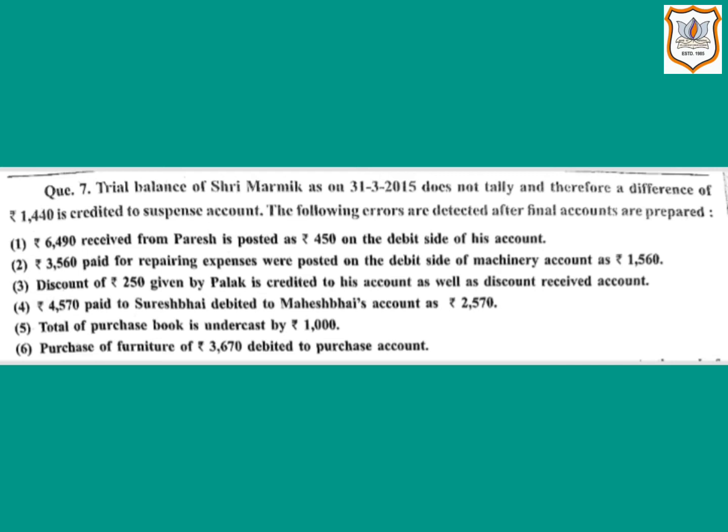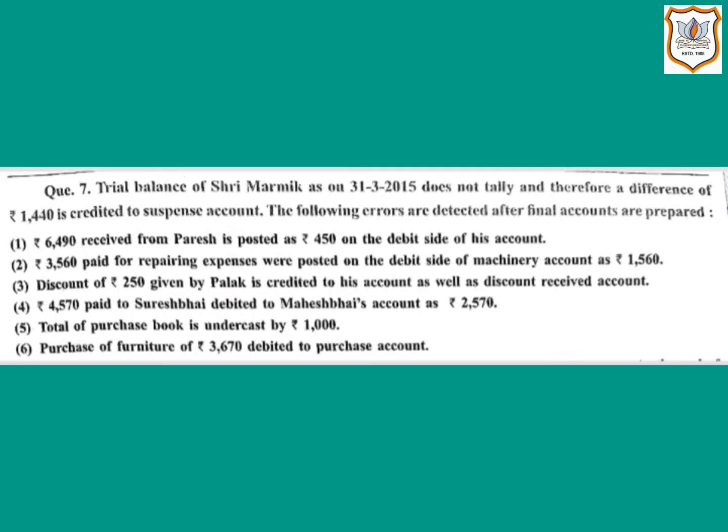The difference is placed in the suspense account so that final accounts are prepared. As a result of this, trial balance will appear to agree. However, the errors still remain in the trial balance, which must be located and rectified.